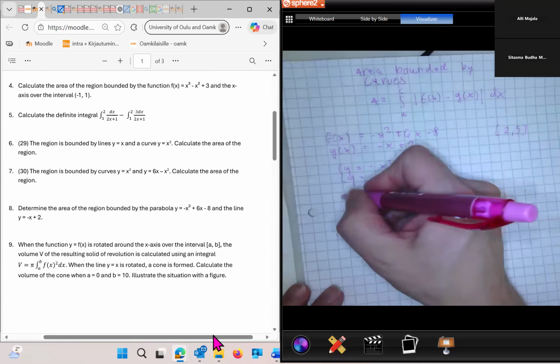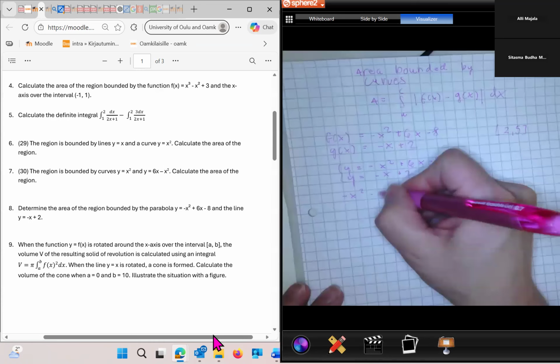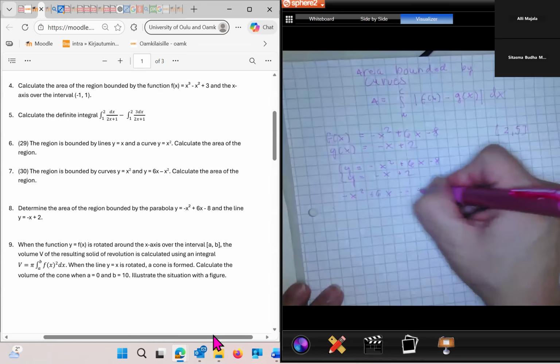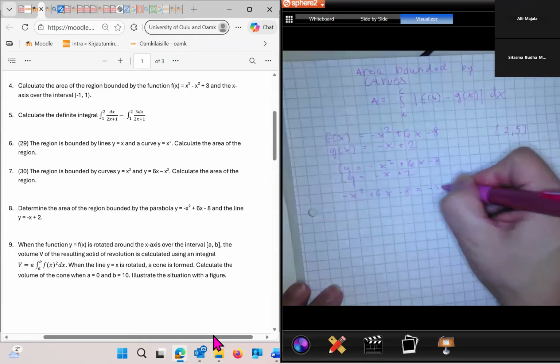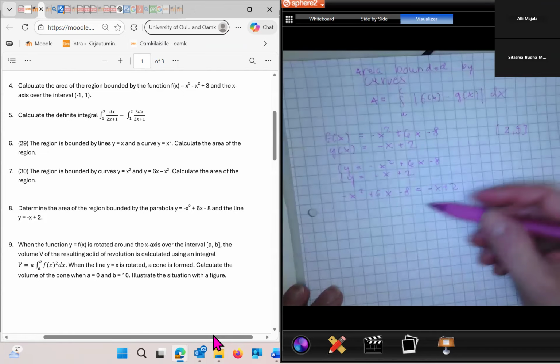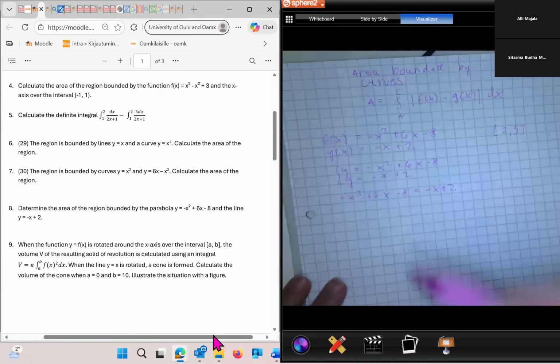So then I can write that, well, it's the same. Plus 6x minus 8 is minus x plus 2. And then I just arrange it all to the same side and mark it as 0.